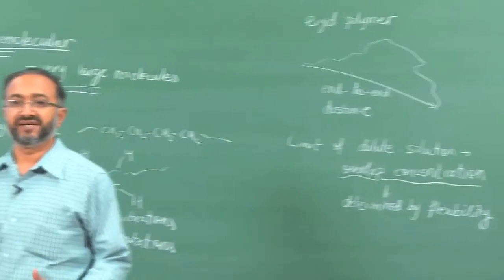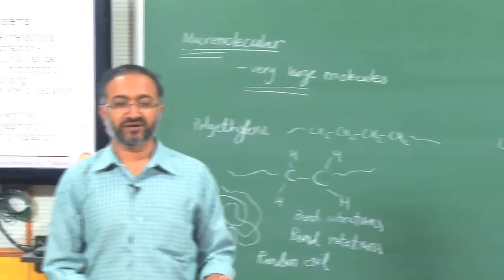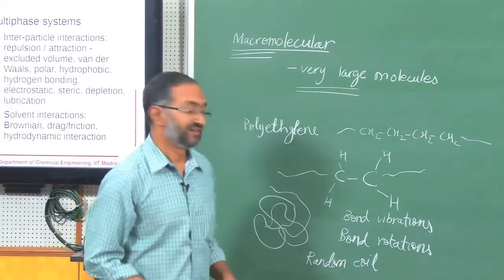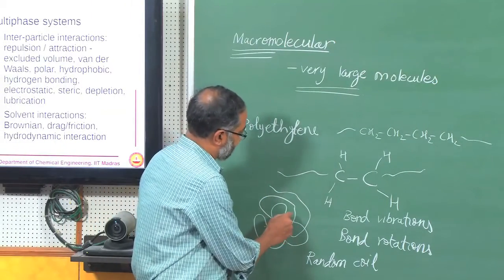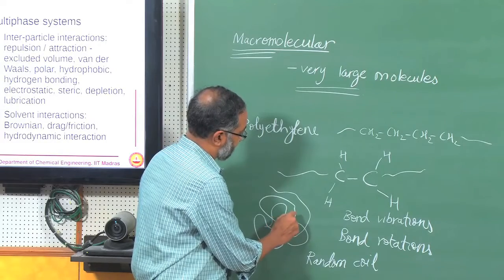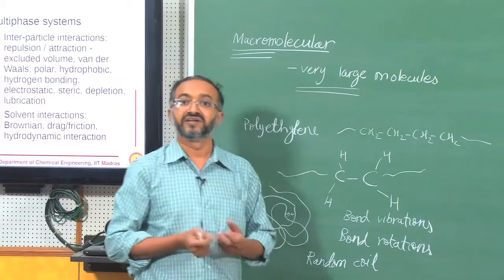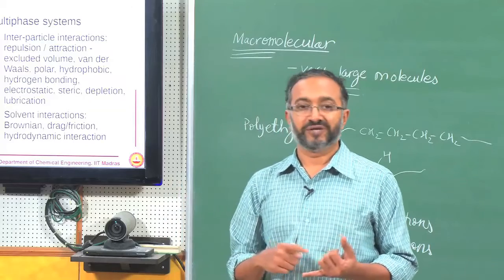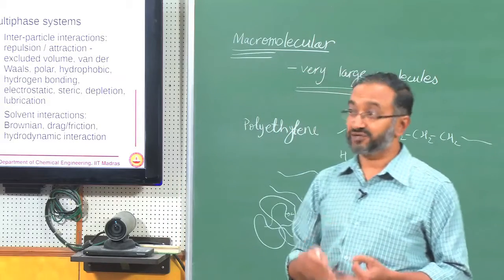And here basically the solvent and the macromolecule, as well as different parts of the macromolecule, will interact with each other. So, for example, this part of the macromolecule and this part of the macromolecule may have interactions. These interactions could be van der Waals interactions, could be hydrogen bonding, could be electrostatic.